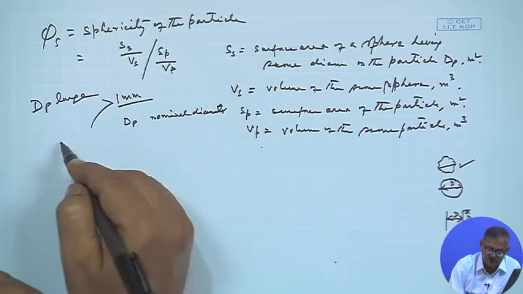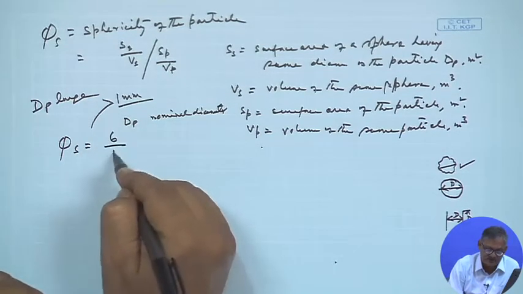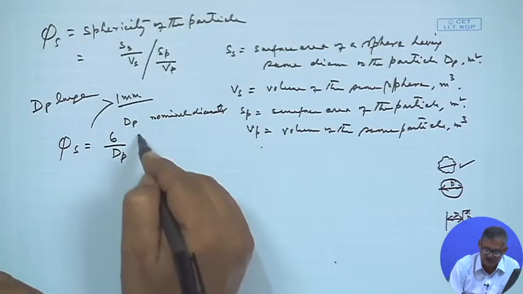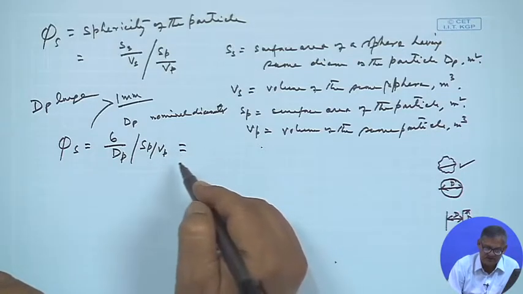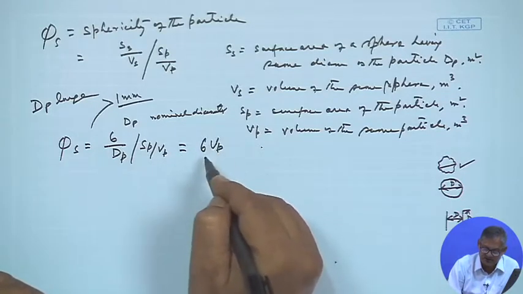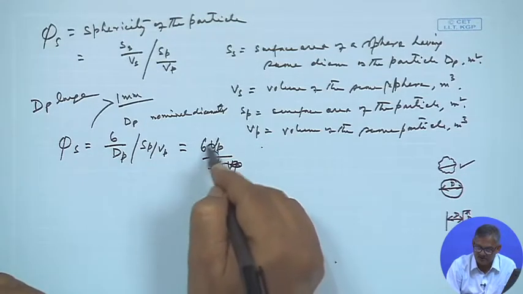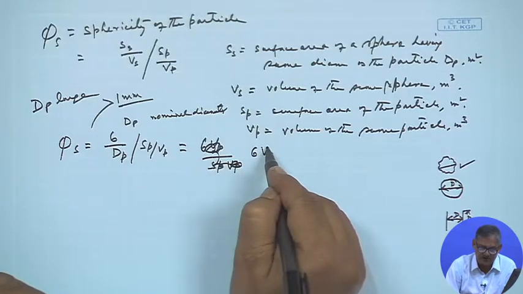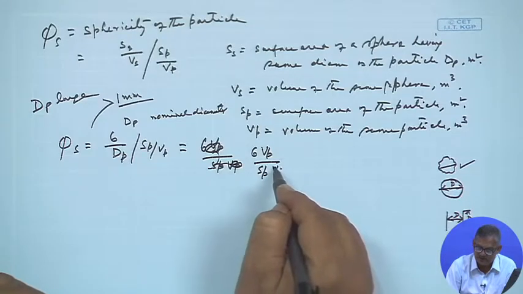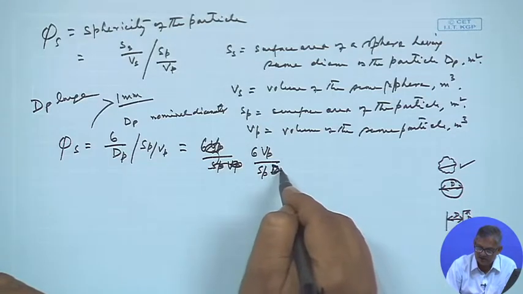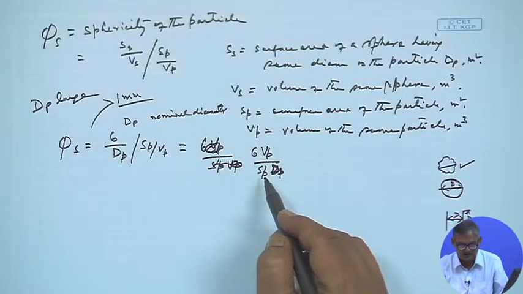right. So, we can say phi s is equal to 6 over dp over Sp over Vp, or this can be written as 6 Vp over Sp into dp, right.